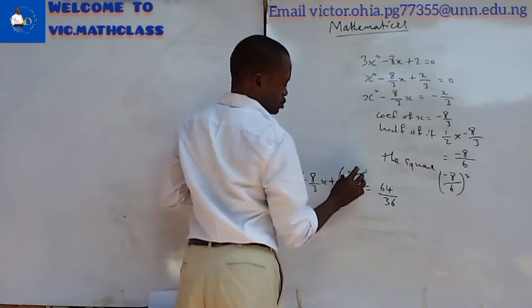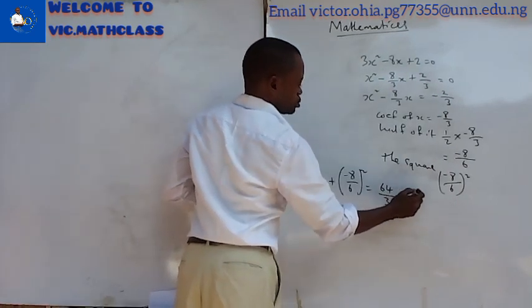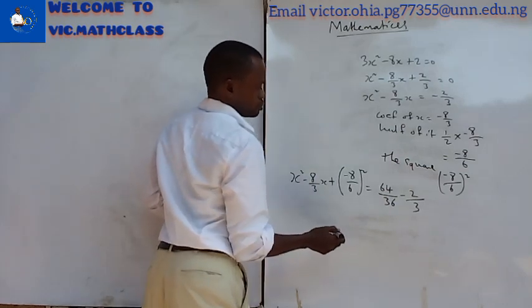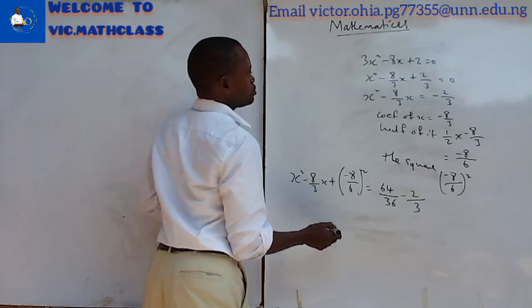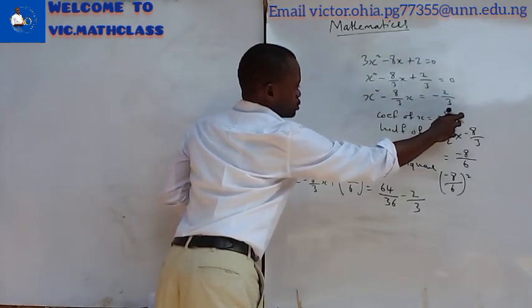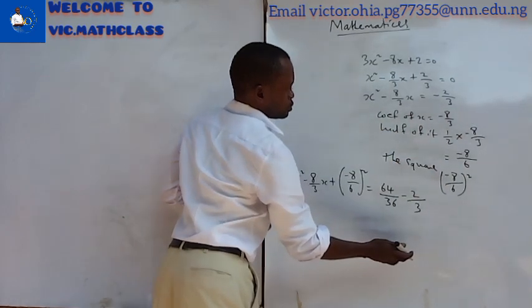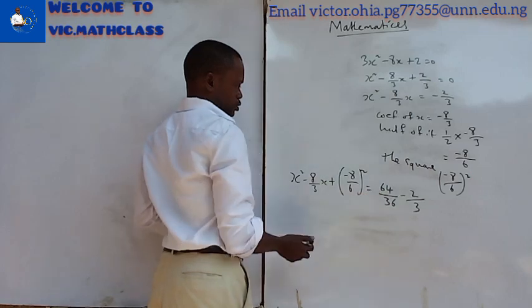I'm sure you understand that. Then I'll bring down minus 2 over 3. Okay. I hope I didn't make any mistake here. 2 times this is 6. I think it's okay.